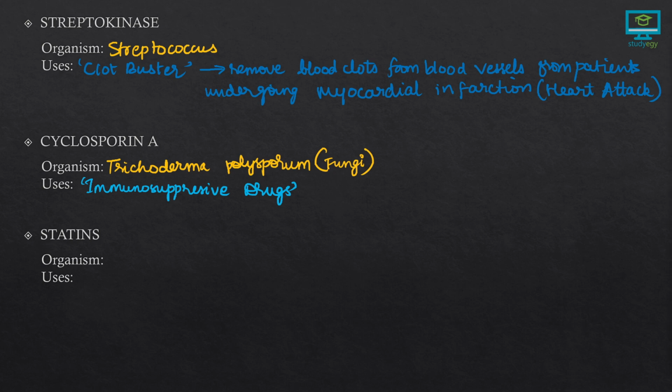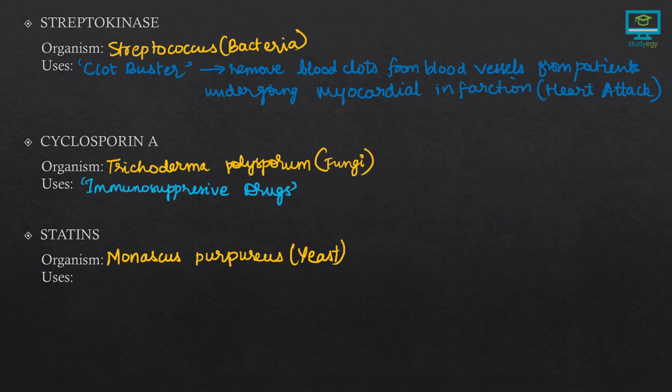Now coming to statins. We use Monascus purpureus, which is a kind of yeast. Statins are used as a commercial blood cholesterol lowering agent.